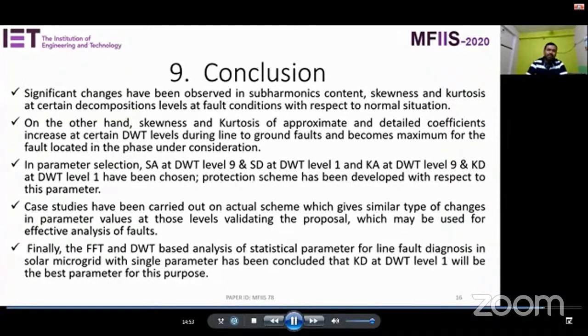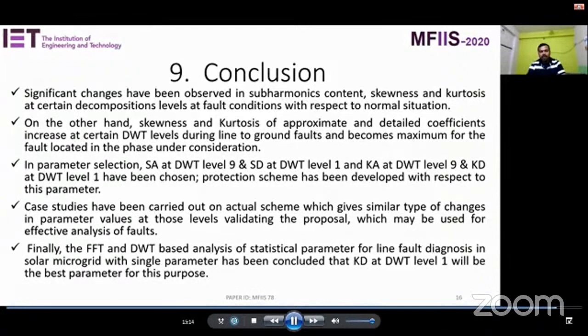The protection scheme has been developed with respect to these parameters. Case studies have been carried out on an actual scheme, which give similar types of changes in parameter values at those levels, validating the proposal, which may be used for effective analysis of faults.